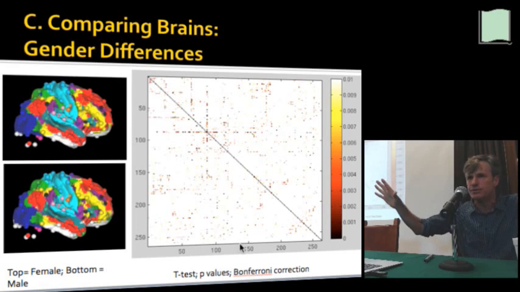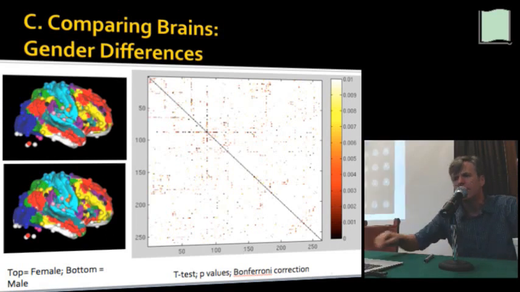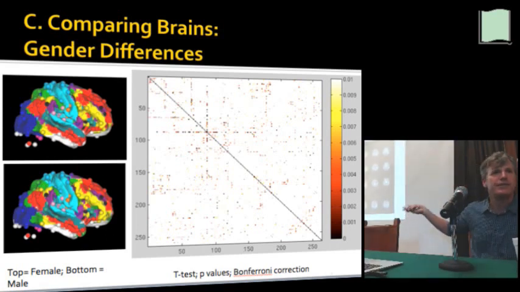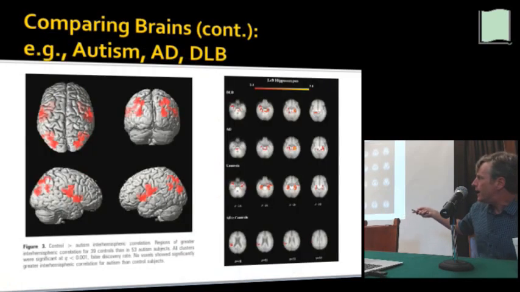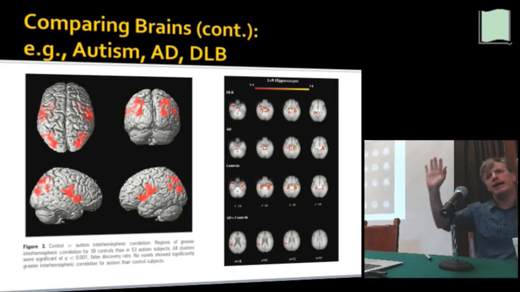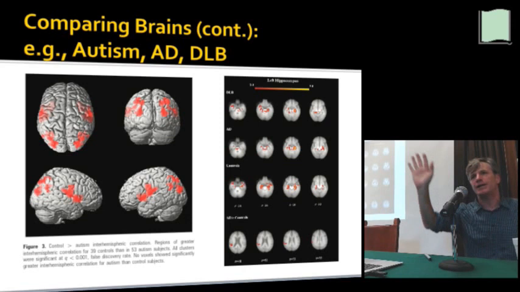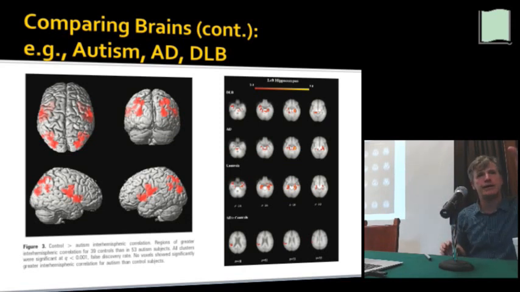And in fact, this is the kind of thing that people are increasingly doing, for autism or for Alzheimer's disease, trying to find places where the brains of somebody with Alzheimer's disease differ significantly in their correlation networks from those that don't have Alzheimer's disease. And the idea here is that it might be of some diagnostic value. Not explanatory value. Maybe it tells you something interesting about where something's going wrong, but the network by itself doesn't tell you that at all. It tells you where to look.